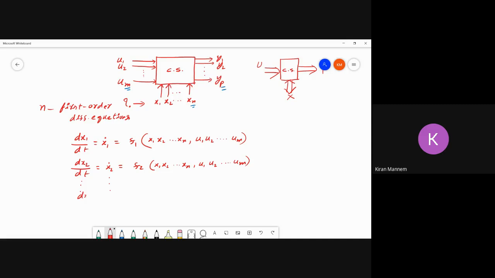It is dxn by dt is equal to x dot n, which is equal to fn. You can put three more dots here, x1, x2 till xn, u1, u2 till um, right?